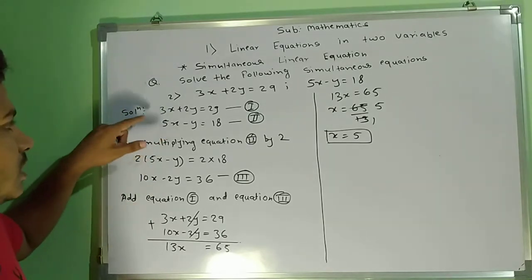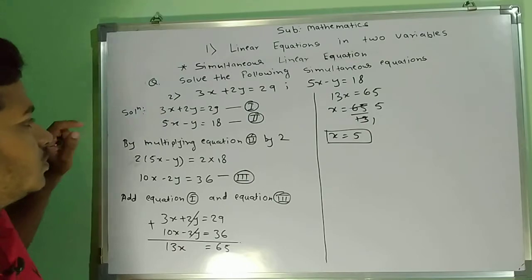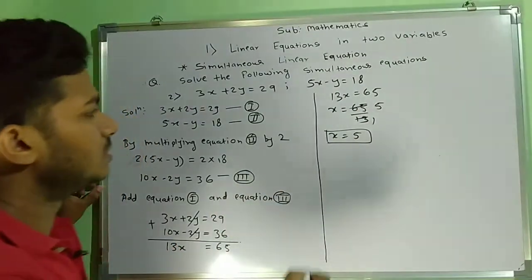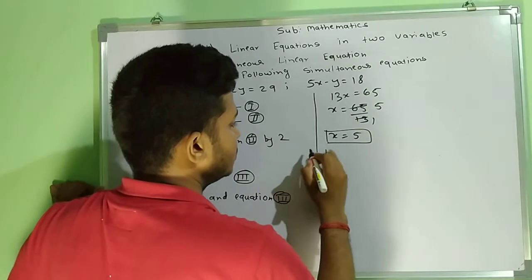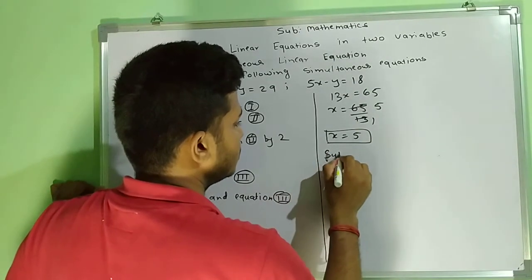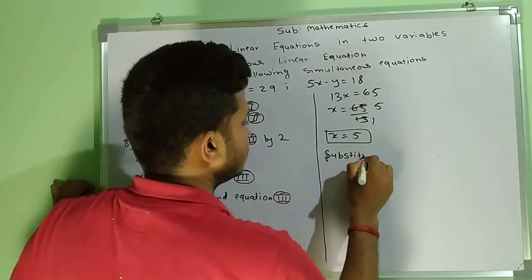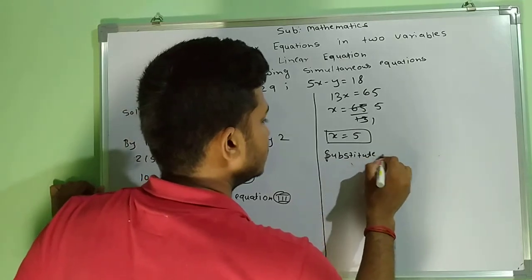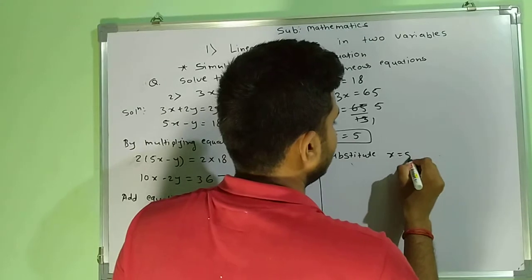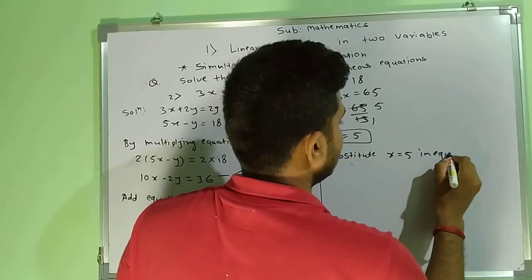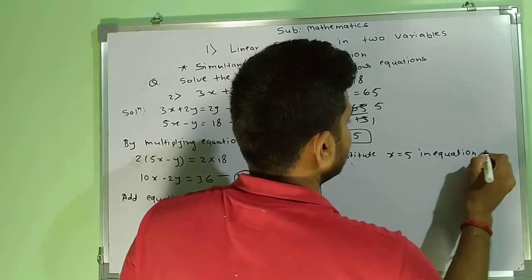So here we are substituting in equation number 2. Substitute x is equal to 5 in equation 2.